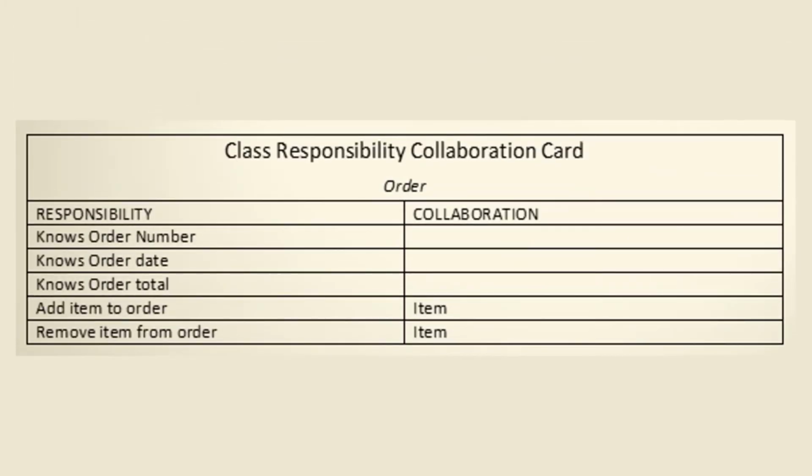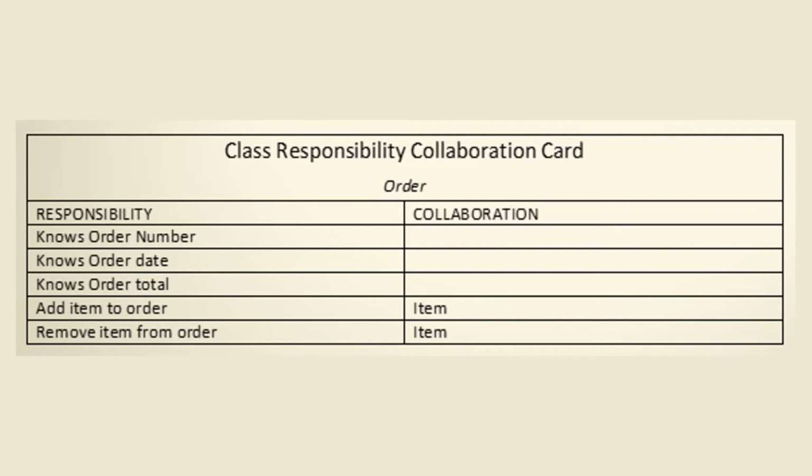In order to do this, we add the candidate class name on the responsibility card, and then we list all the responsibilities on the left hand side, and then if we can find any collaboration, we list it under the collaborations.